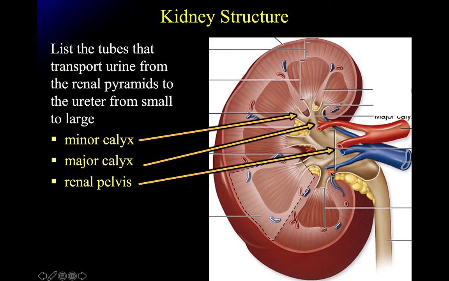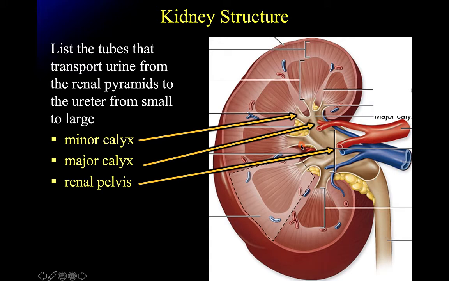We've got another major calyx over here on this side. When those drain together, we get this big funnel-shaped area. You can see that it's wide at the top and starts to narrow down as it exits the hilum. That would be the renal pelvis. Once it narrows down and exits through that hilum, it becomes the ureter.